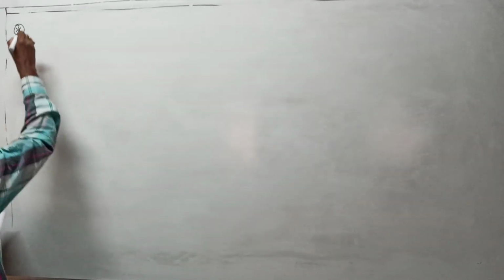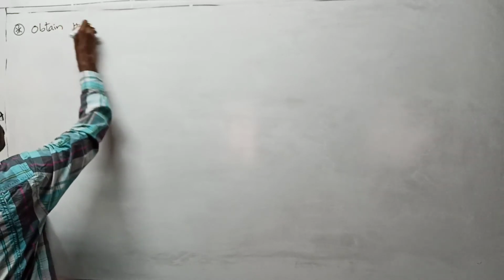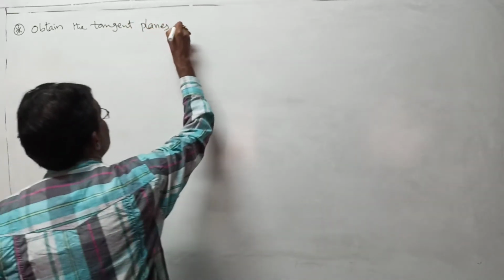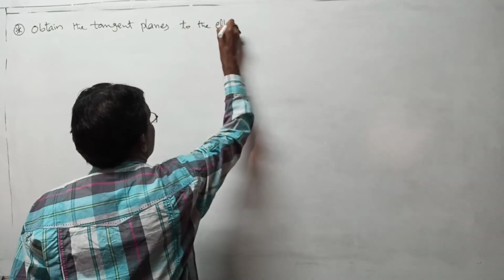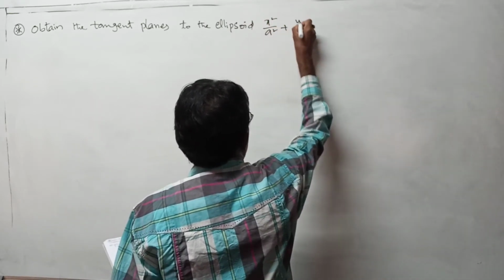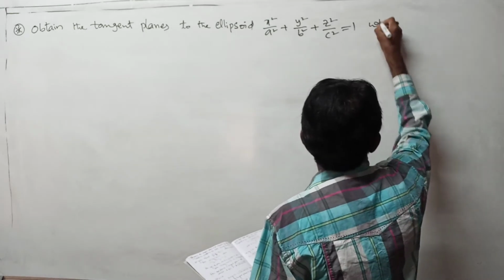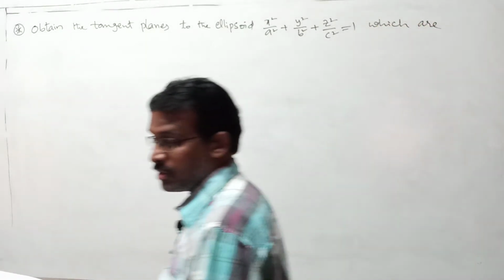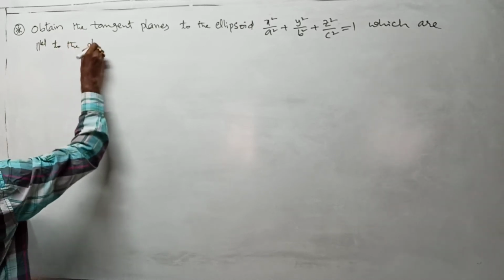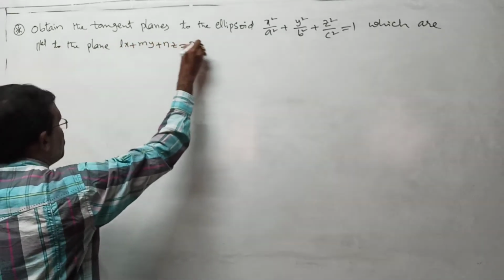Obtain the tangent planes to the ellipsoid x square by a square plus y square by b square plus z square by c square is equal to 1, which are parallel to the plane Lx plus My plus Nz is equal to 0.